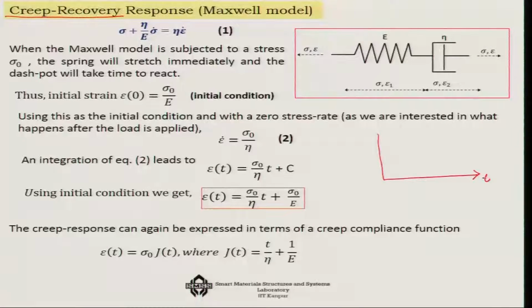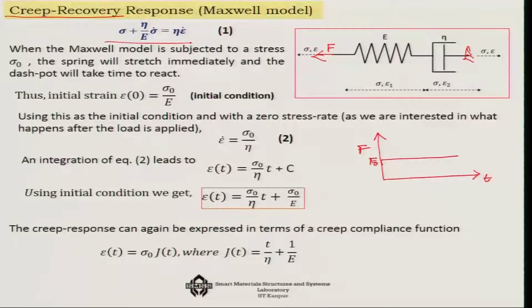So, if I plot time versus the load F, suppose I fix this side and I apply the force F, then the force will be of this type in nature. That means it is like a step function. Some force F 0 and then it will remain constant. Our Maxwell model equation is this, which we have already declared, and we are applying some force.